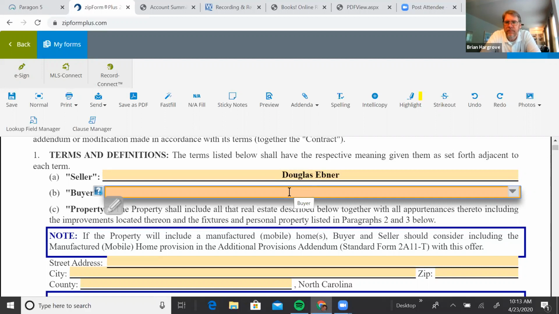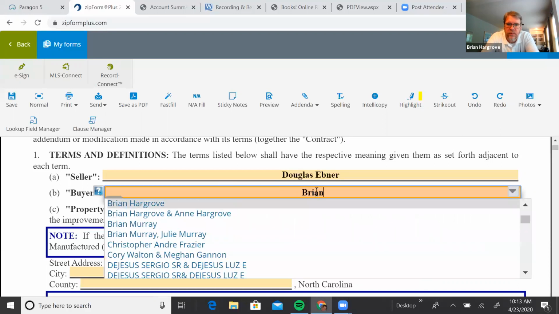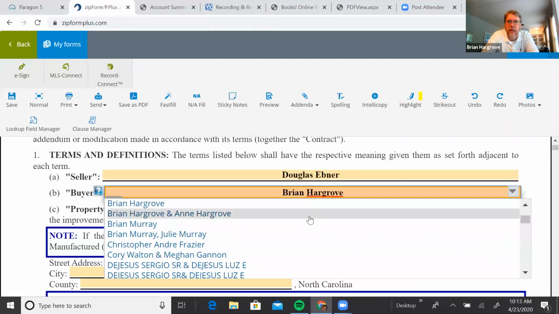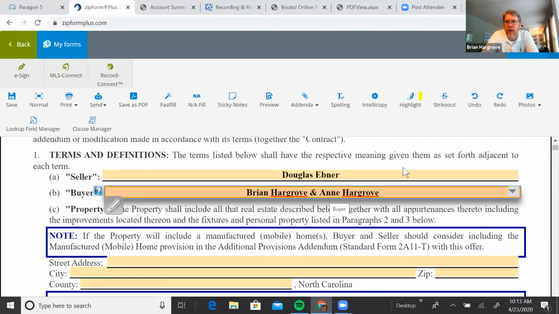So even if just the husband or wife is on the property, the other spouse does have rights to the property regardless, right? But find out all the buyers that you need to put on here, and then just make sure you add them, right? So I'll just put my name as the buyer for now, and it added my wife automatically there, so that's fine.